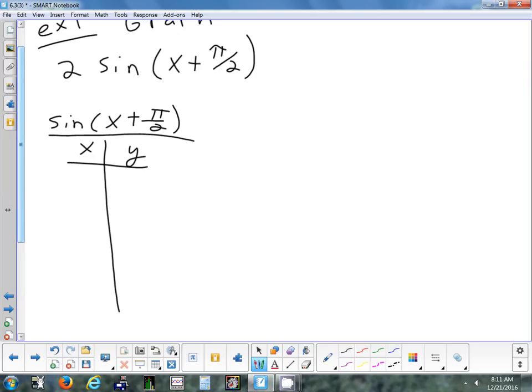Y's. Okay, what are my y values? 0. Now, we're going to take all of our x's, and what are we going to do to each x value? Subtract pi over 2. So we're going to minus pi over 2.